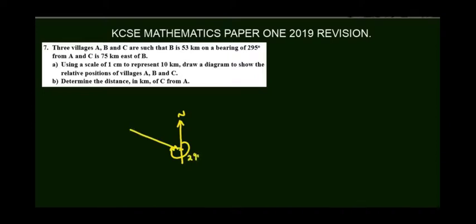That is 295 degrees measured clockwise from the true northing, and that will take us to point B. So let's have point B right there. So this is a sketch. We are beginning with a sketch.